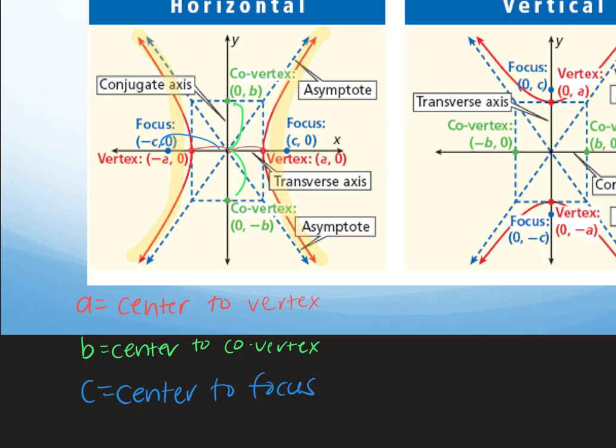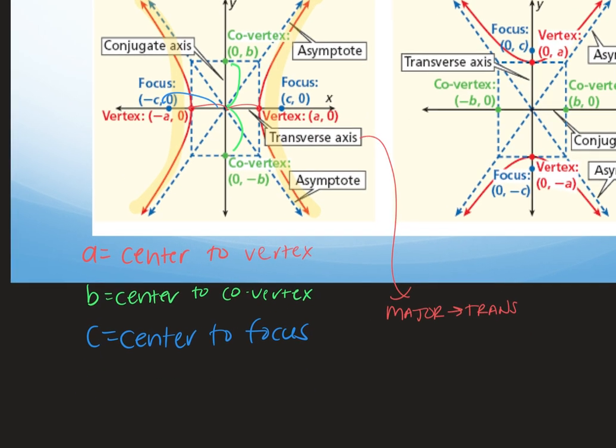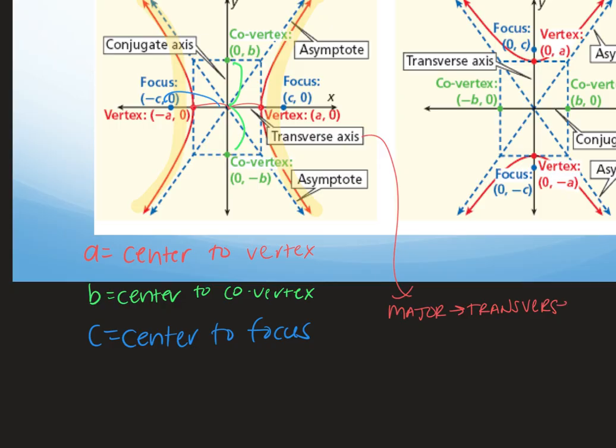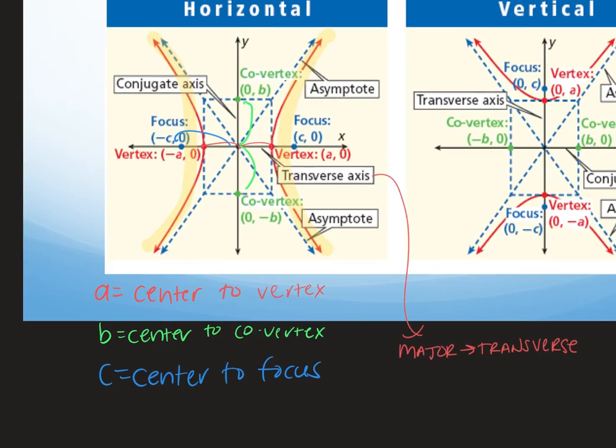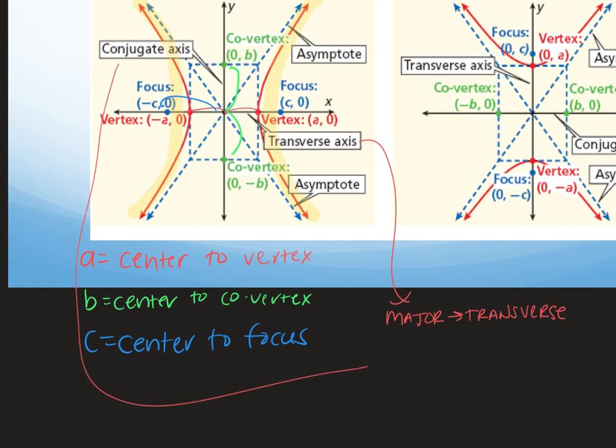Some of the vocab that changed is that the major axis becomes what's called a transverse axis, and the minor axis becomes what's called the conjugate.